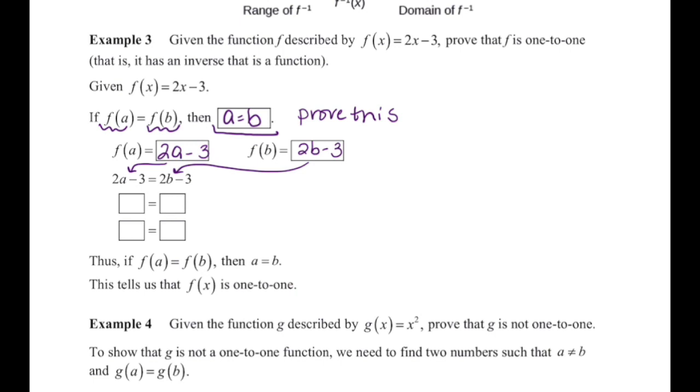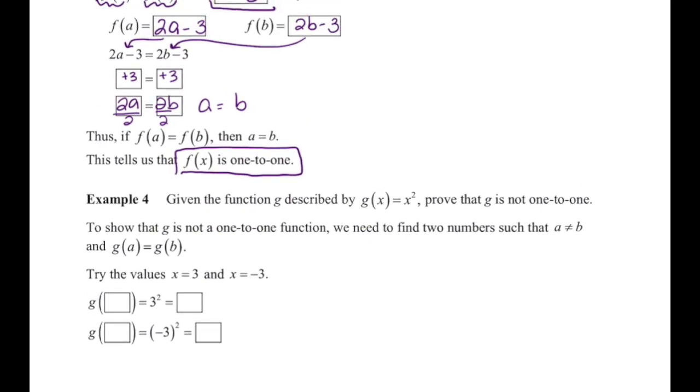When I add 3 to both sides, I have 2a equals 2b. And when I divide by 2, I have a equals b. So since when I had f of a and f of b, I ended up with a simplified version of a equals b, this does tell us that f of x is one-to-one.